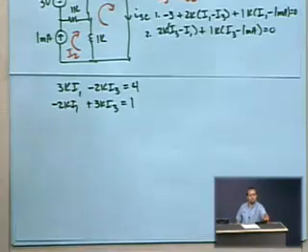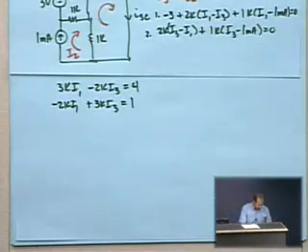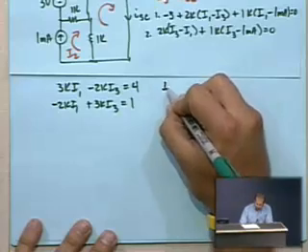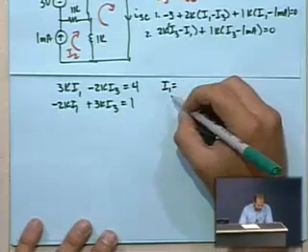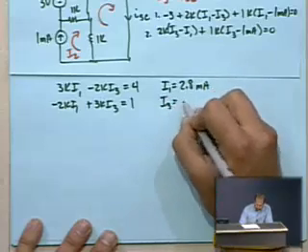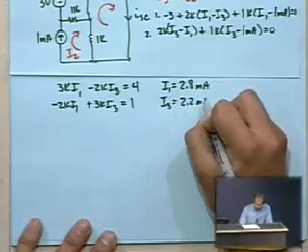So that is our pair of equations that we need to solve: 3000 I1 minus 2000 I3 equals 4, and negative 2000 I1 plus 3000 I3 equals 1. And I get that I1 equals 2.8 milliamps, and I3 equals 2.2 milliamps.